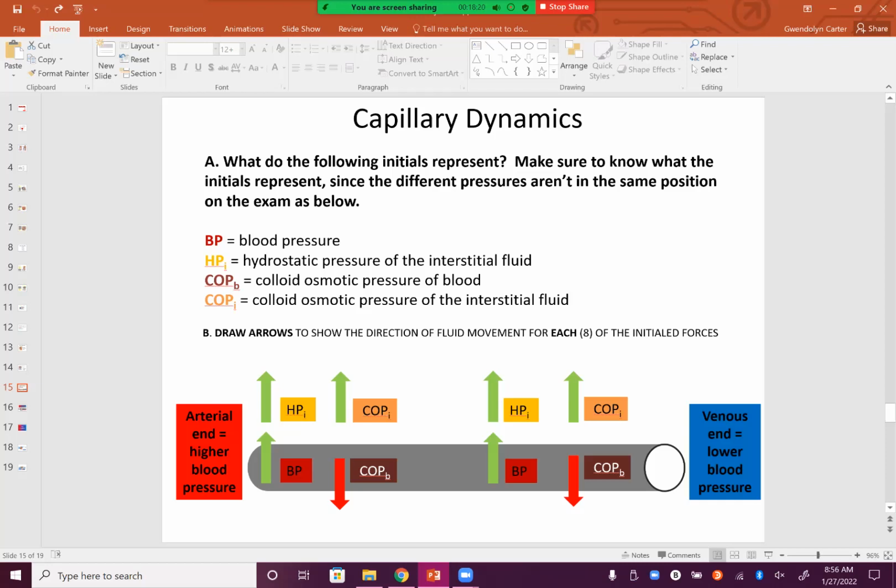Pay attention to where your numbers are and knowing what these are as well.